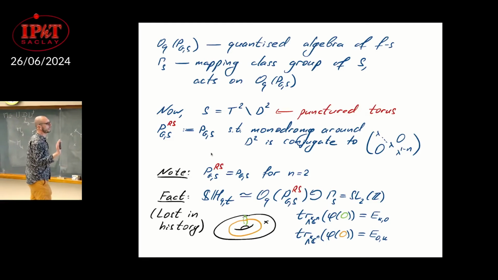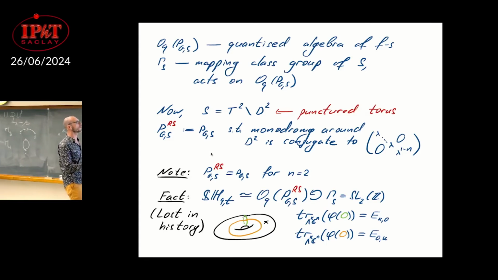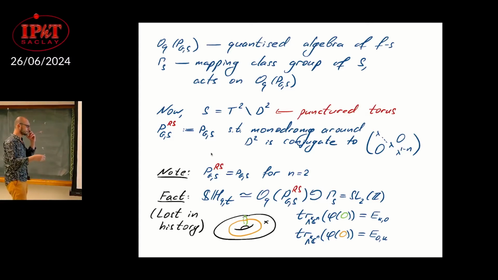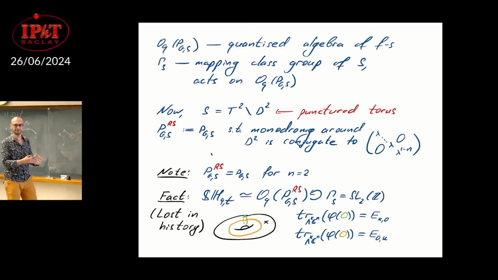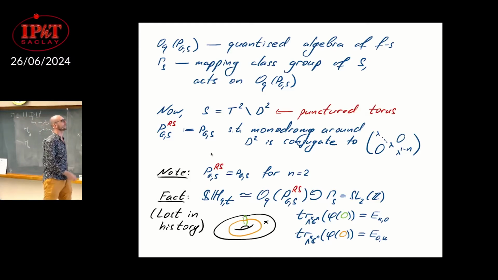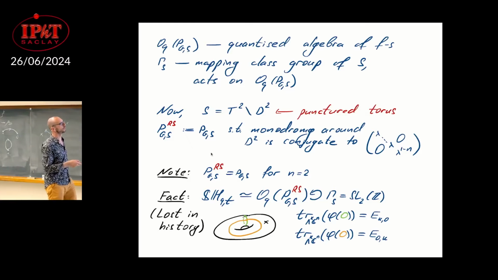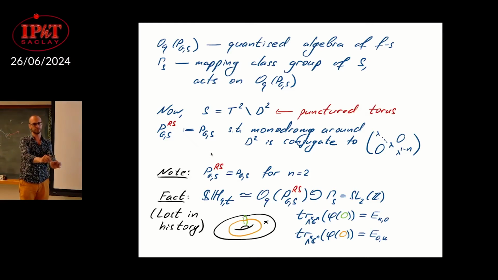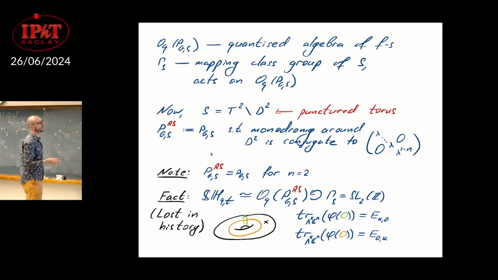So in case our surface is actually a punctured torus, let me introduce one additional constraint. This additional constraint will be that I really don't want to look at generic monodromies. So we have a torus with a puncture, so we just think about monodromy around that single puncture. And I don't want it to be generic, but rather I want it to be of this special form.